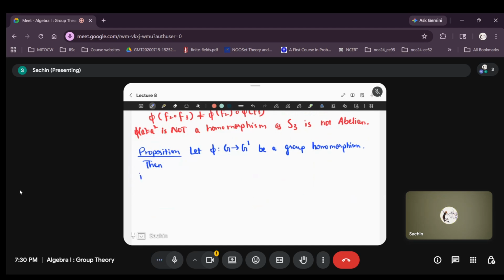Then the following two conditions are necessary. The image of the identity element in G must be the identity element in G prime.